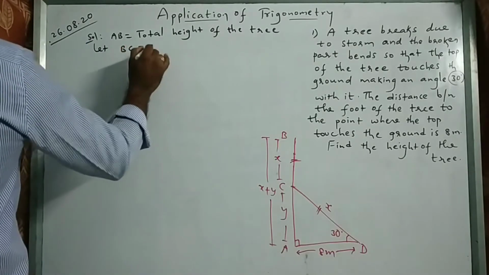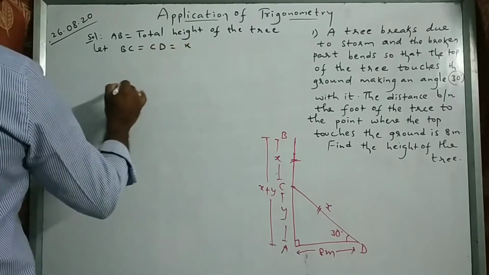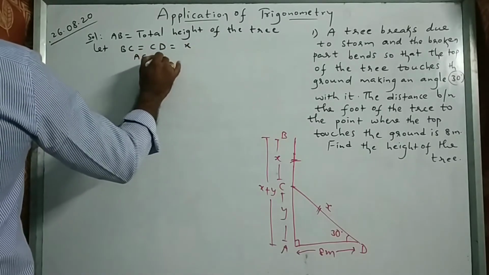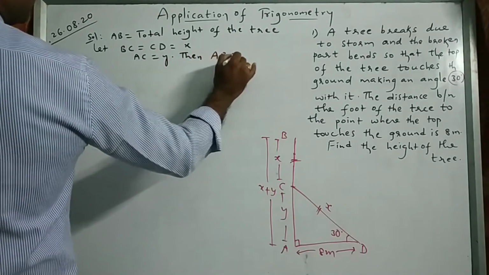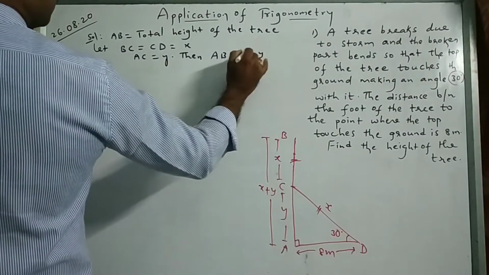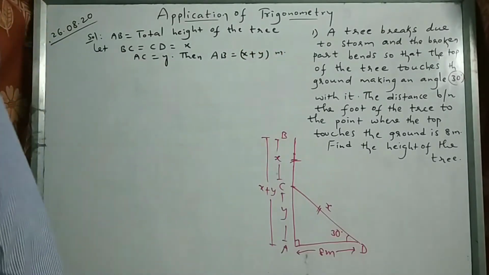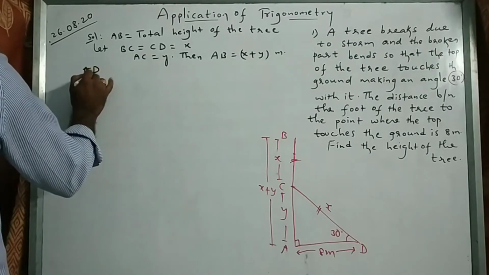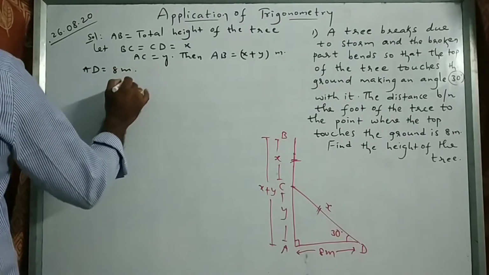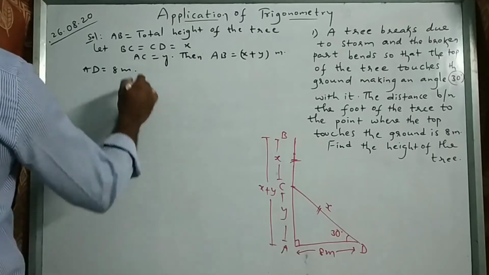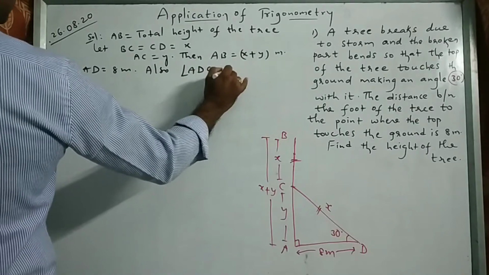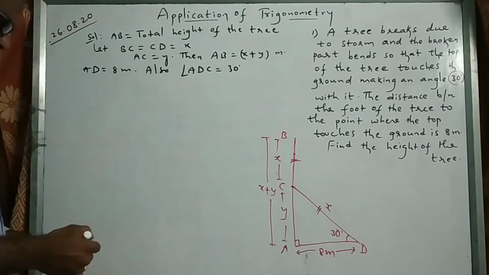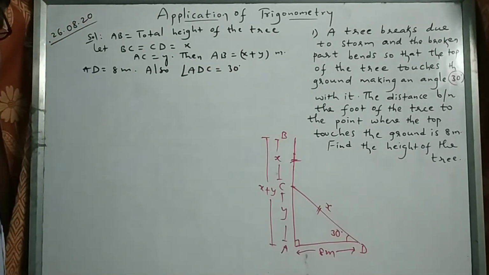BC and CD both are the same, x. AC equal to y. Then AB equal to x plus y. AD equal to 8 meters. What is the elevation here? Angle ADC equal to 30 degrees. Right? Now I want to find the values of x and y.